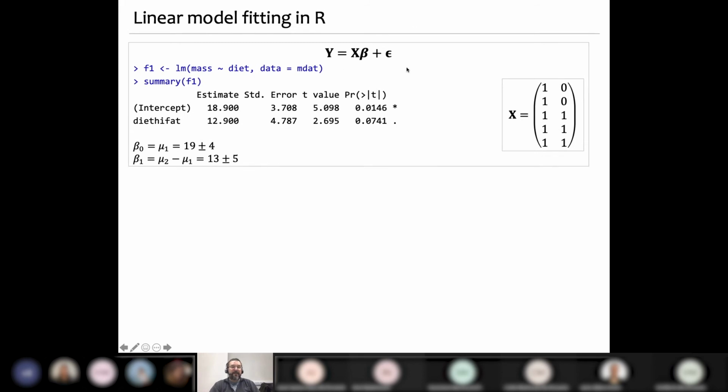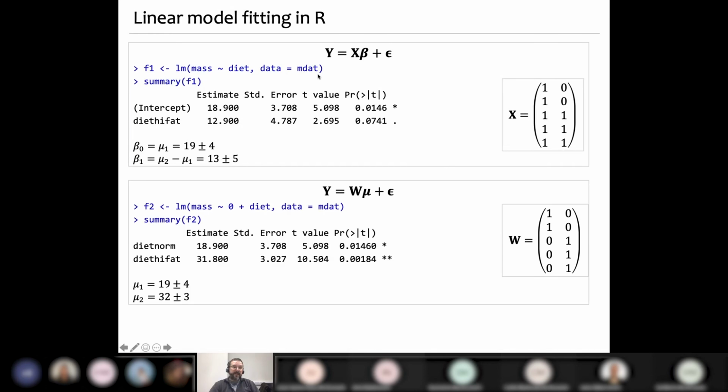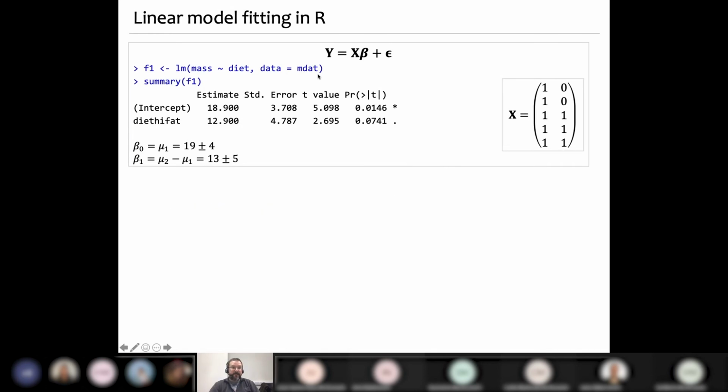First, the case with intercept and contrast. This is our basic formula, mass versus diet. We are using the function lm, linear model, and we specify the data, which was created in the previous slide. When you type summary of f1, you will get a brief description of this model.